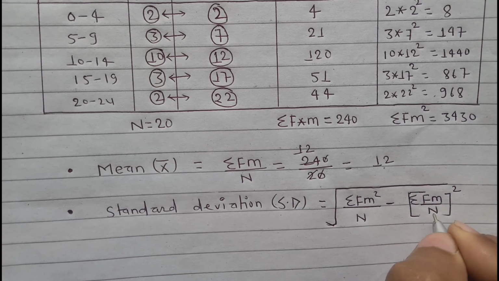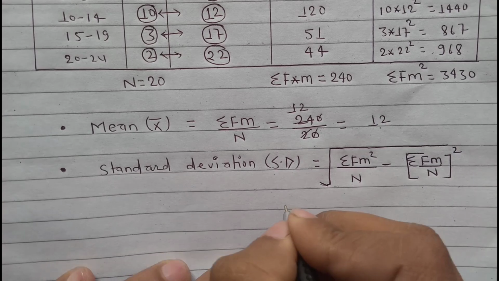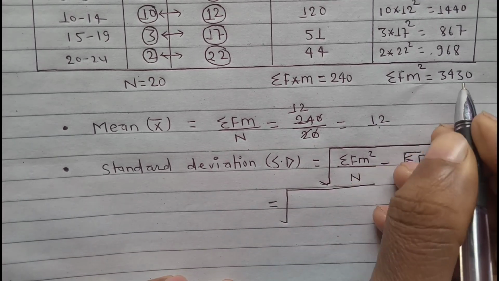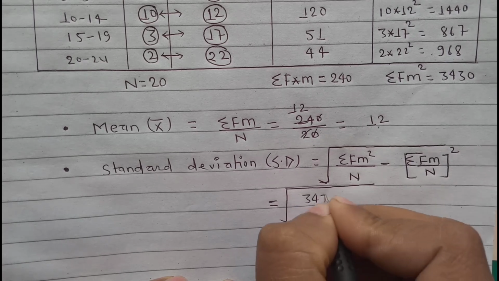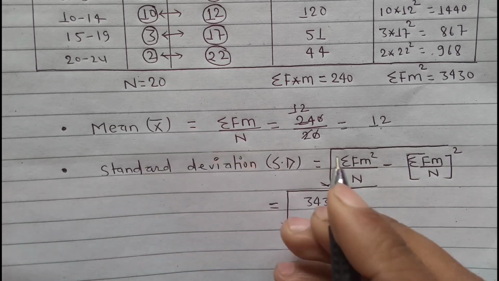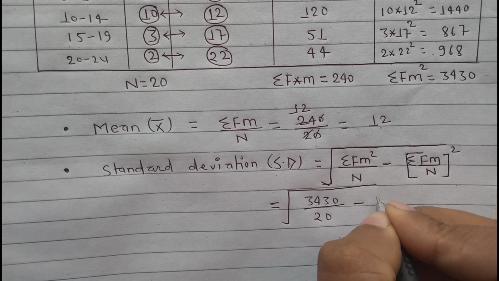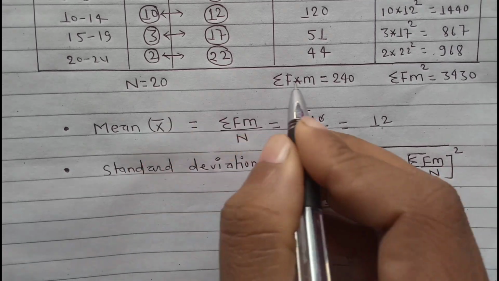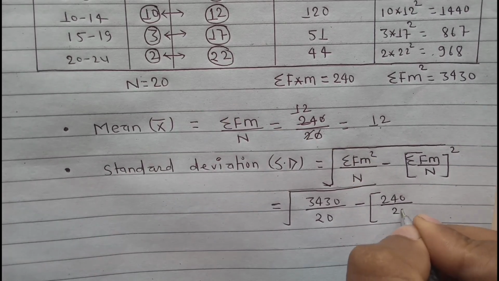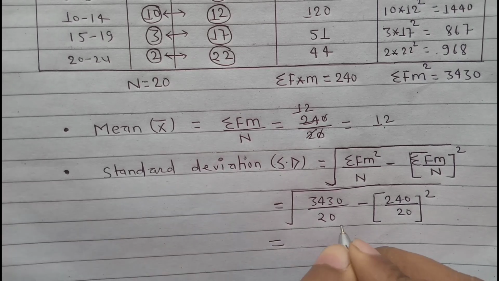So here we write root under summation fm square is 3430 and n is 20, minus summation fm is 240 divided by n is 20, whole square.